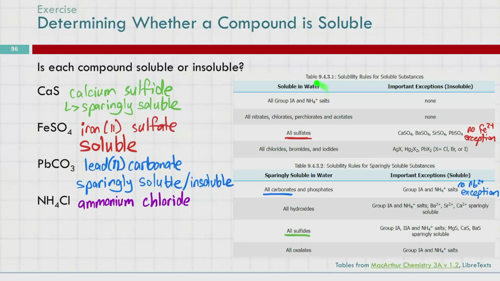In the top half of our tables, soluble in water, all group 1A and NH4 plus salts, no exceptions. So ammonium chloride is soluble.